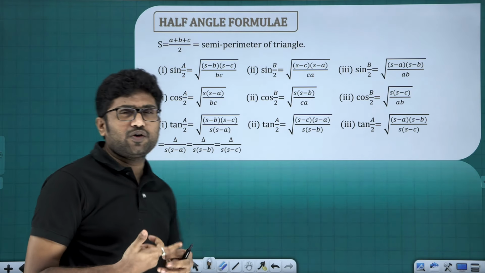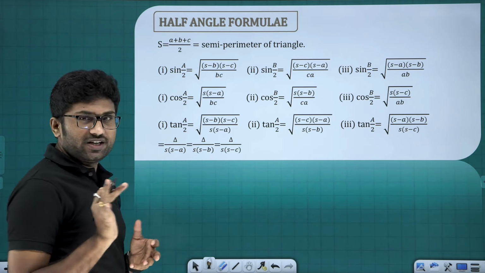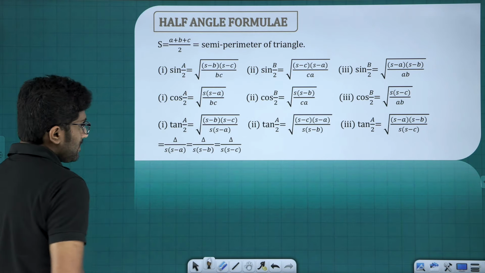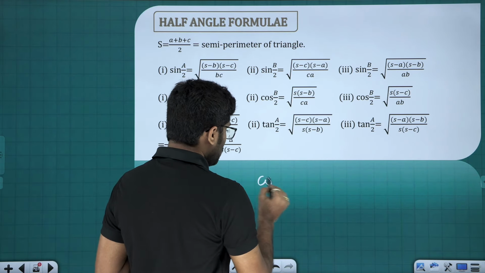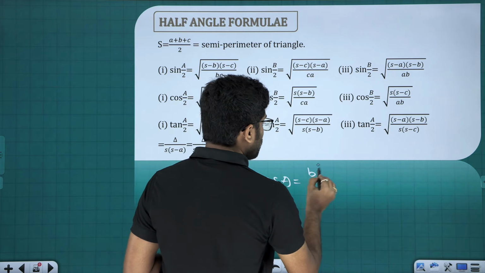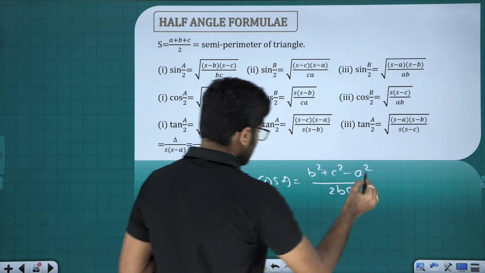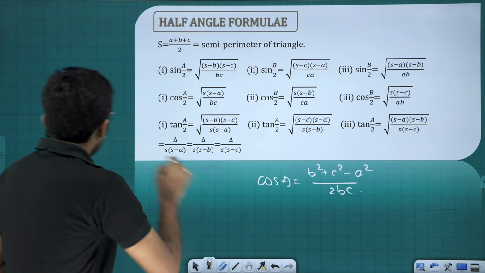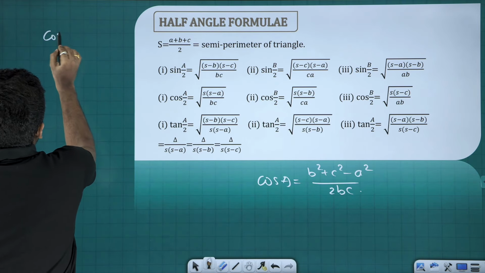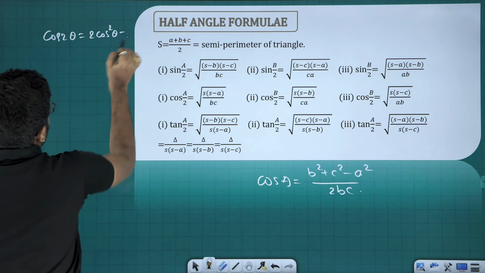Next, half angle formulae, which are very important actually. So how do we get them in general? We already have cos A is equal to b square plus c square minus a square divided by 2bc. Now, we know cos 2 theta is equal to 2 cos square theta minus 1.